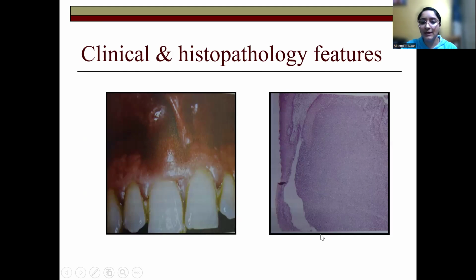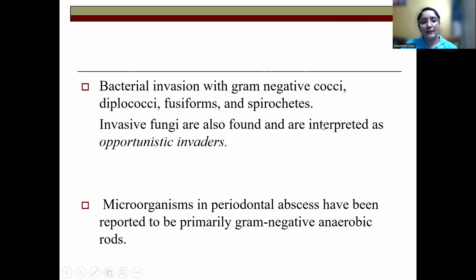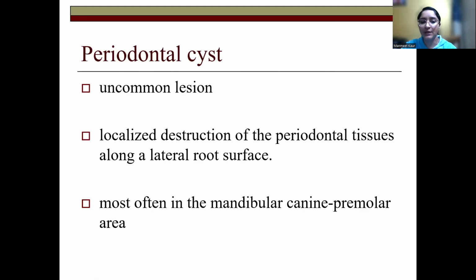This is the central edema, this is the central pus collection, which is known as the inflammatory exudate. So bacterial invasion with gram-negative cocci, diplococci, fusiform, spirochete; invasive fungi are also found and are interpreted as opportunistic invaders. Microorganisms in periodontal abscess have been reported to be primarily gram-negative and anaerobic rods.